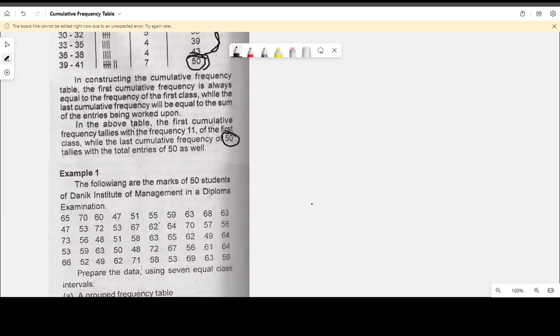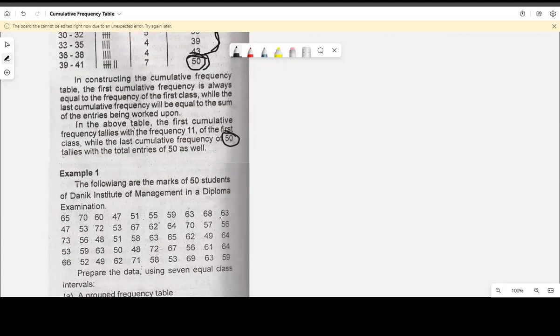Recall from our previous class, to do that, we first of all need to get the interval. How do we get the interval? We do that by getting the range. Range is the difference between the highest and the lowest. In this data, the lowest is 47, and the highest, we'll search the data and look at which number is the highest here.